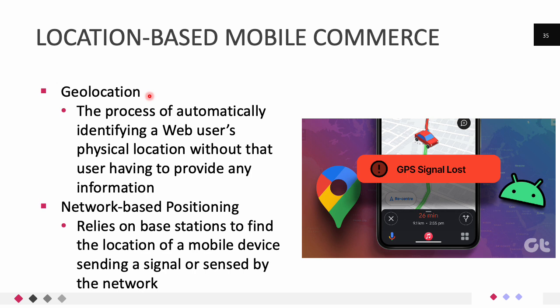The first is through the mobile network itself. This is called network-based positioning. Think about the cell phone towers around the city. Your phone is always connected to them. By measuring your signal strength to several different towers, the network can triangulate or calculate your approximate location.